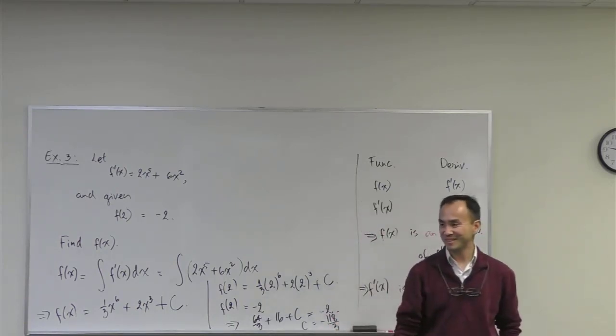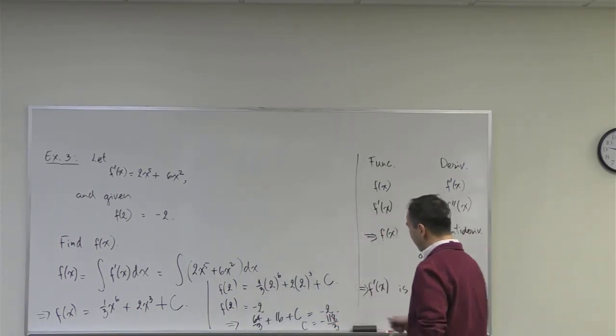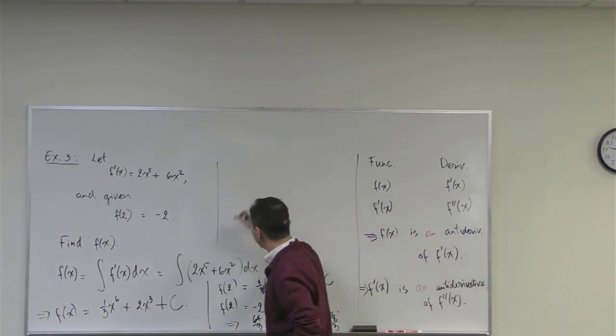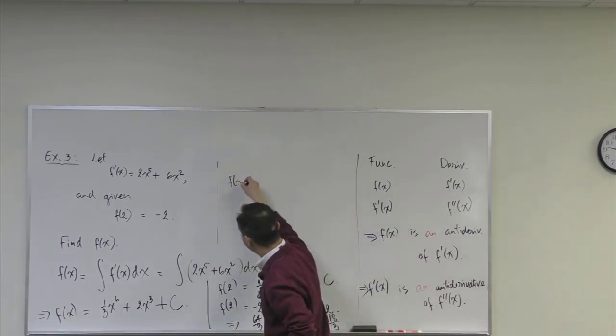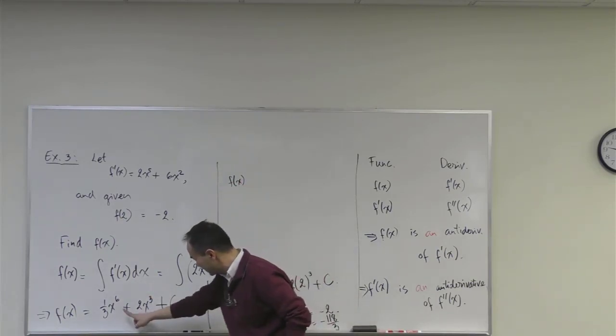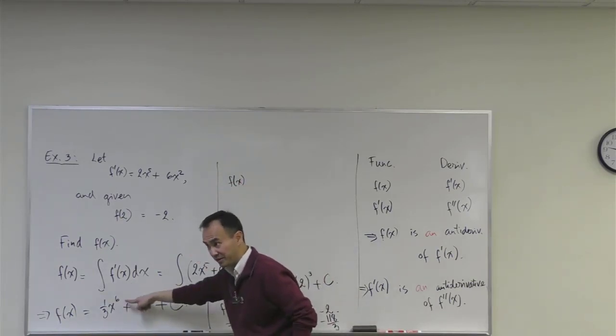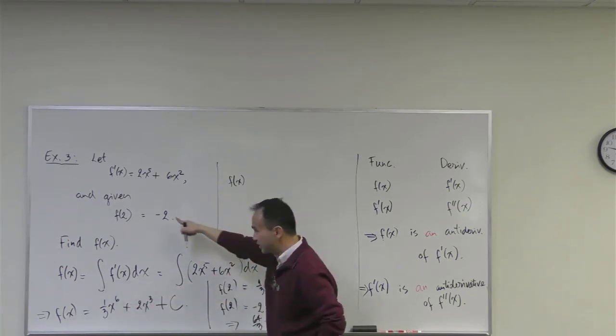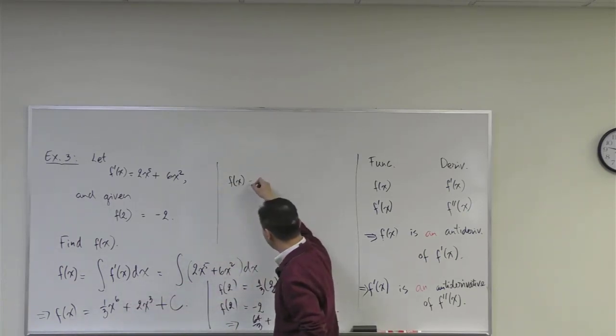Right. Yep. And so that means what? Once we've found that c, then we can write our actual function, because right now it's not that particular one. This is just a whole family of antiderivatives. But the actual one that meets this requirement is going to be just that.